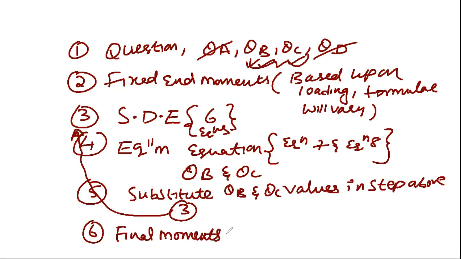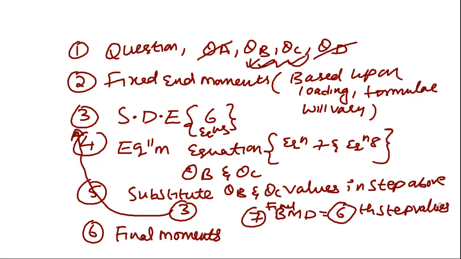Once after getting final moments, the last step is we have to draw the bending moment diagram. So how do you draw this final BMD? Again, you have to write the 6 equation values, that is the 6th step values. This will give your support moments, always linear, plus span moments. So you will get this final bending moment diagram.